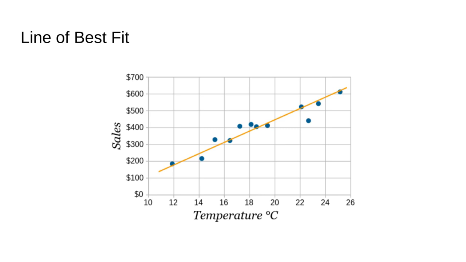If I put a line of best fit, I can use that line to help me predict that it's going to be about $450 in sales. This is most likely ice cream sales versus the temperature outside.